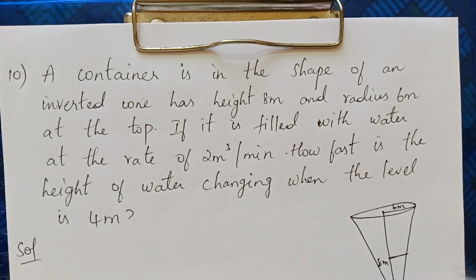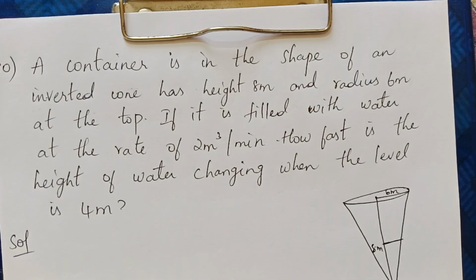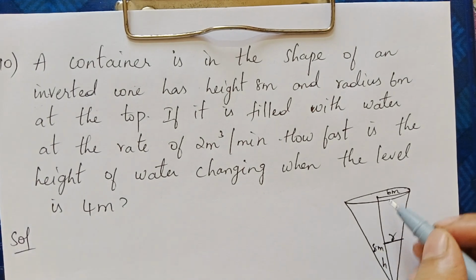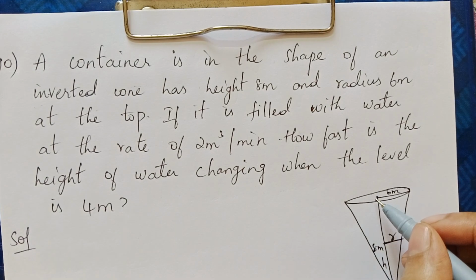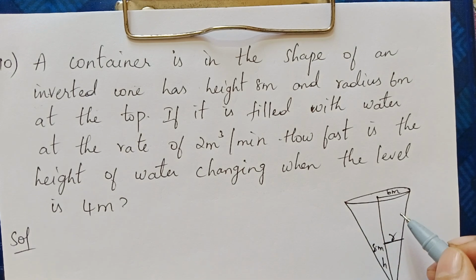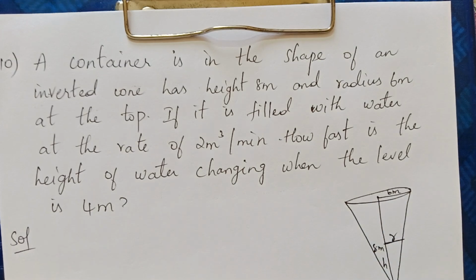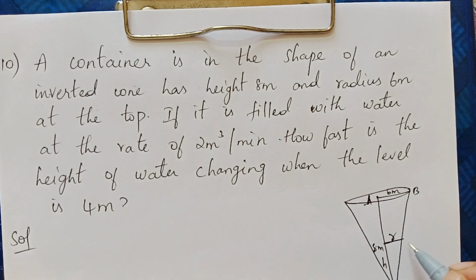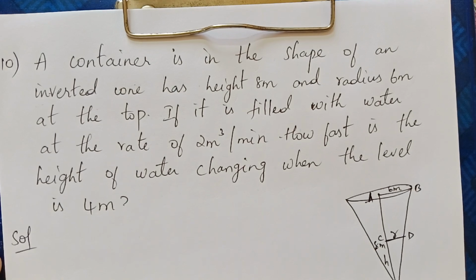And again we have to consider here, okay? So this part is taken as h and this is taken as r. Label them. So here it is A, B, O, C and D. Okay.